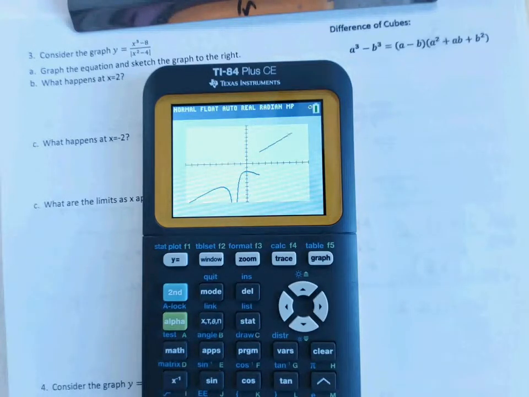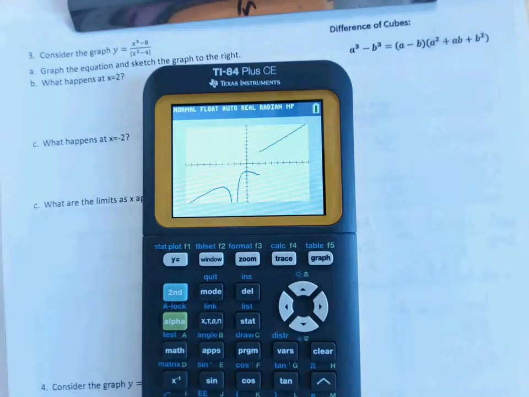What happens on this side? What does it look like? Quadratic. Okay, it looks kind of like a quadratic. Asymptote. What happens on this side? A jump. You see the difference?